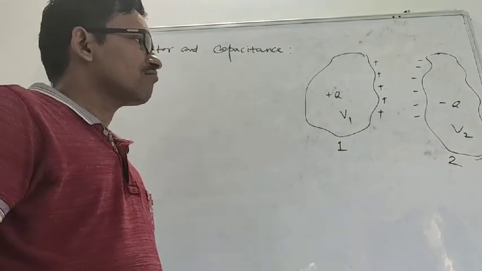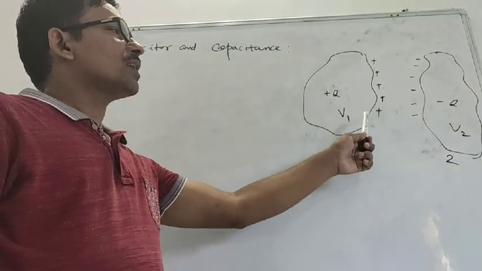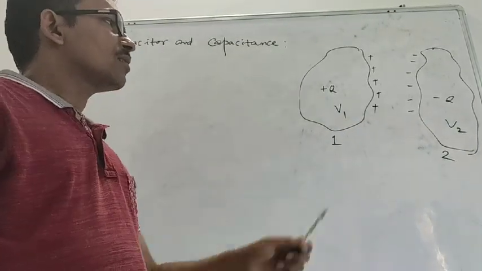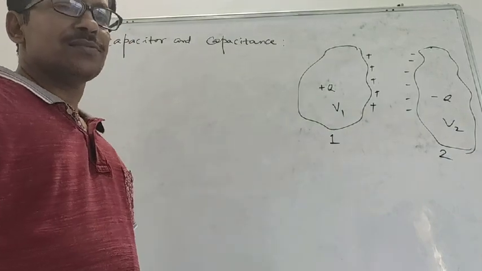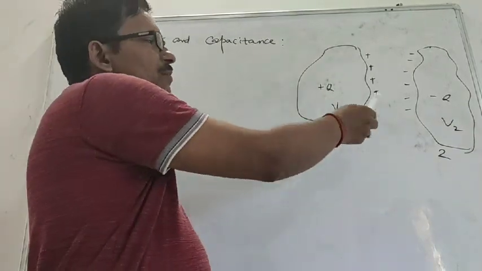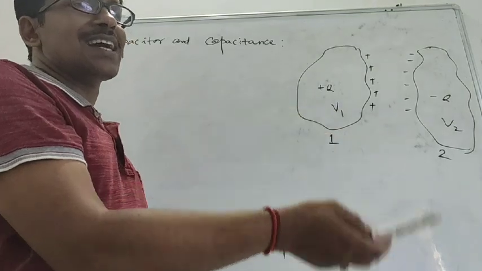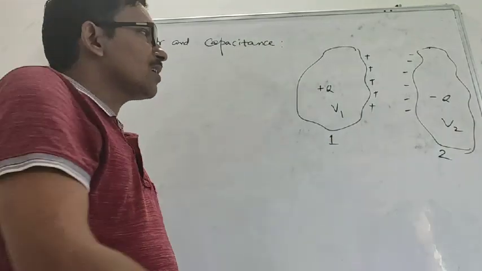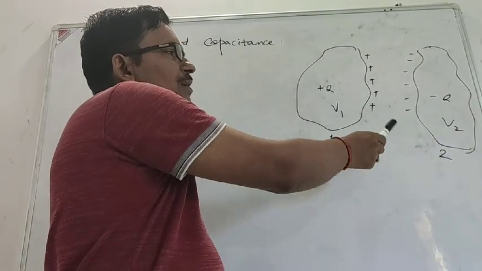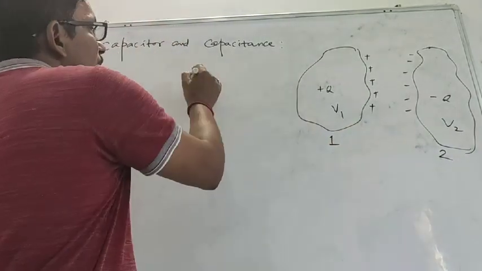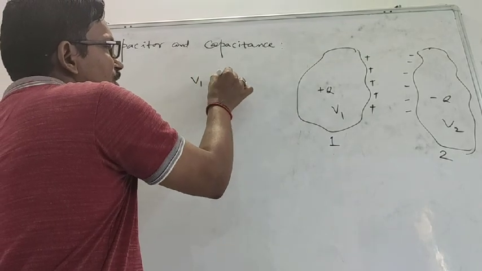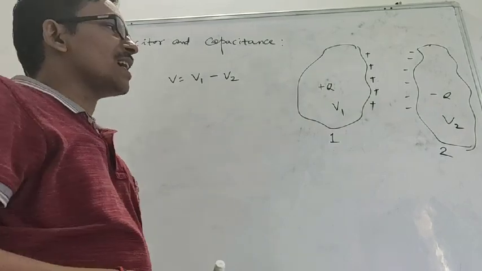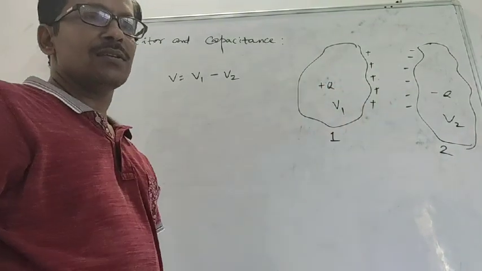At any instant, the potential difference between the two conductors depends upon the charge, because potential difference, you know, is the work done to transfer a unit charge from one point to the other.